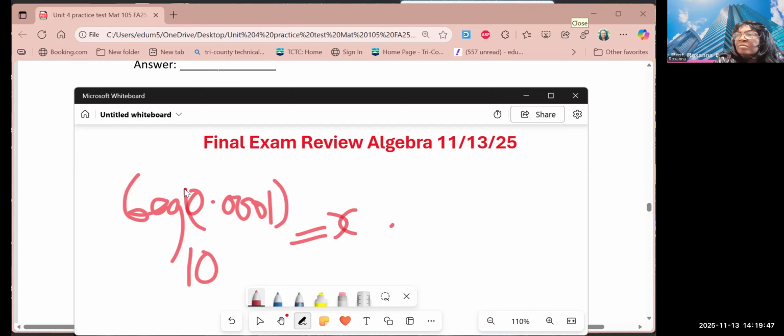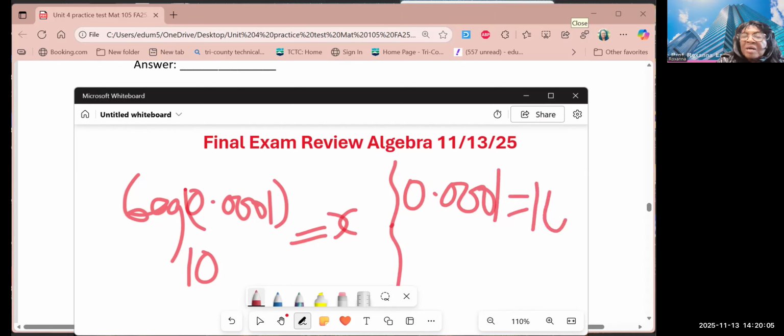All right, so then I will take advantage of the inverse properties of logarithmic and exponential function. So I can still say 0.0001 is equal to 10 to the power x. The next question is, is there a way I can make both sides have the same base?